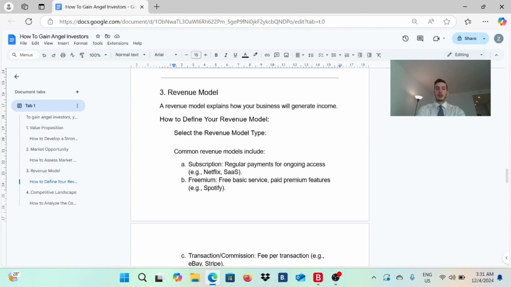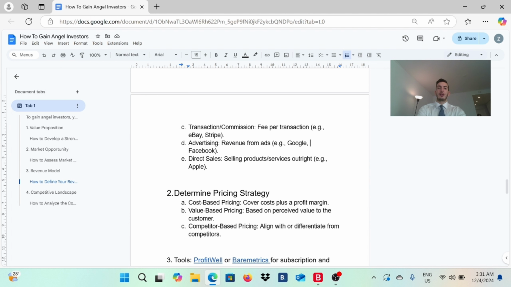Common revenue models include subscription, regular payments for ongoing access, like Netflix and SaaS; freemium, a free basic service with paid premium features, like Spotify; transaction commission, a fee per transaction, like eBay and Stripe; advertising, revenue from ads, like Google and Facebook ads; and direct sales, selling a product or service outright, like Apple.